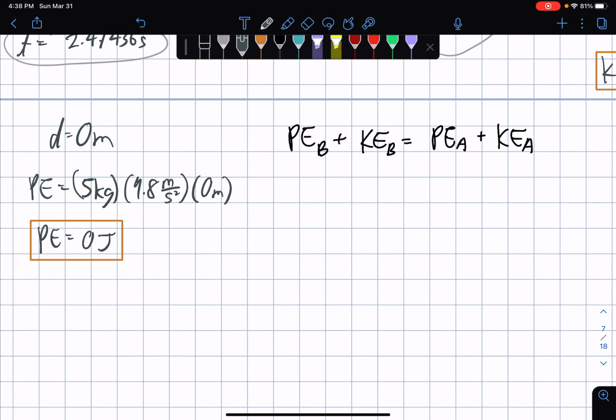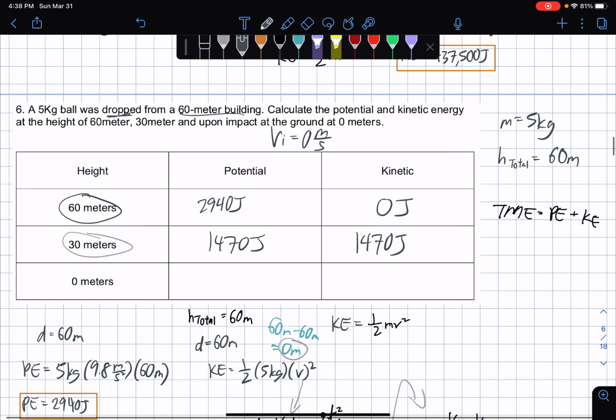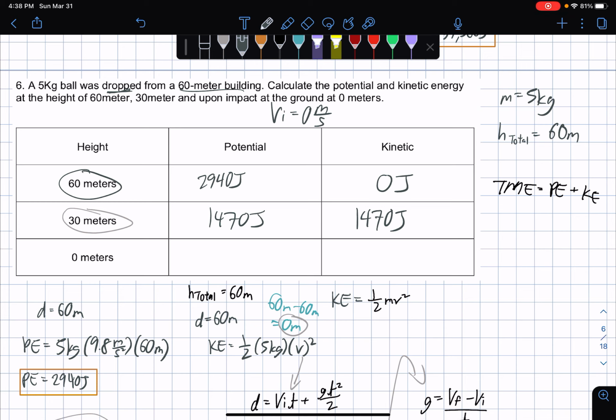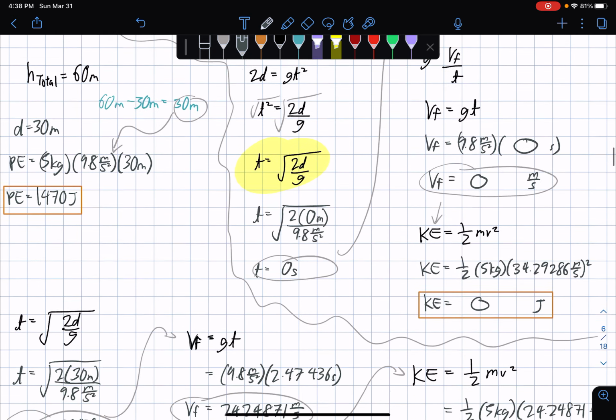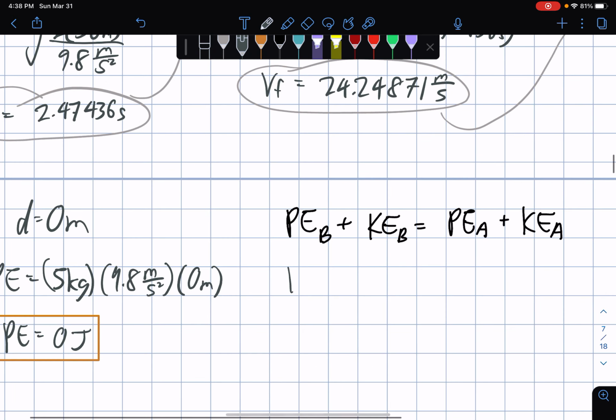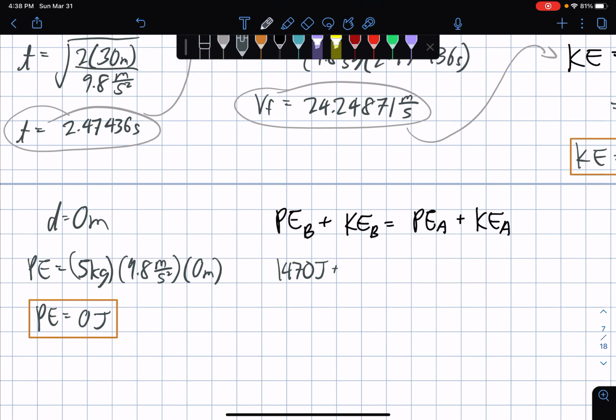So PE before is what? Let's try using this one, the one with 30 meters. PE before is 1470 joules. And KE before is what?